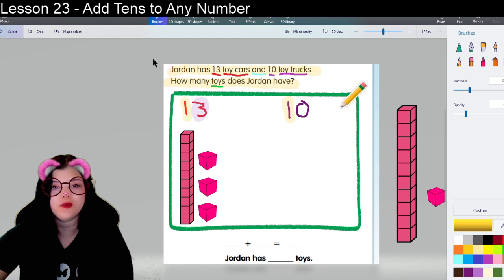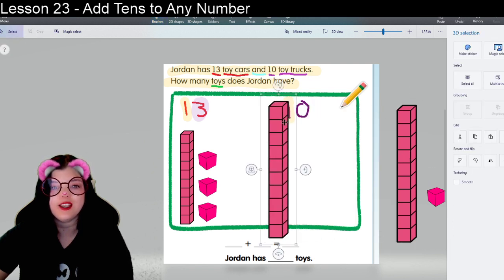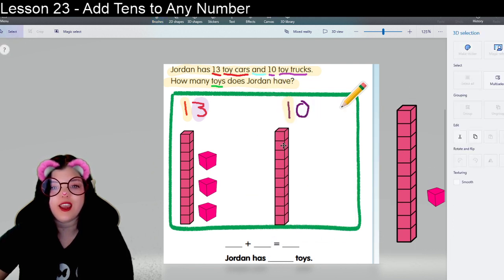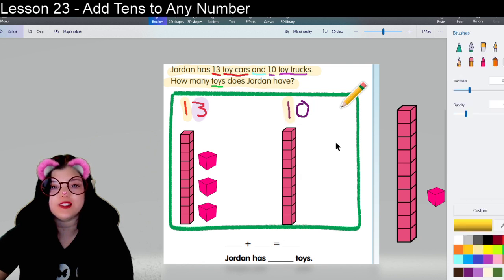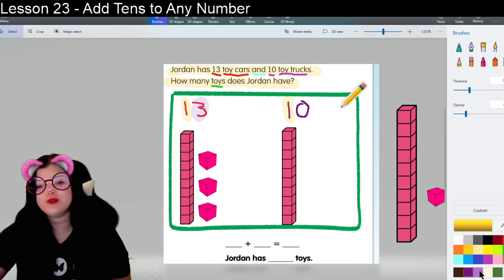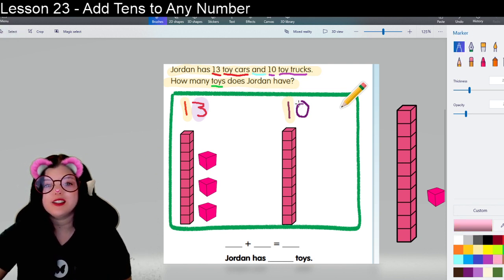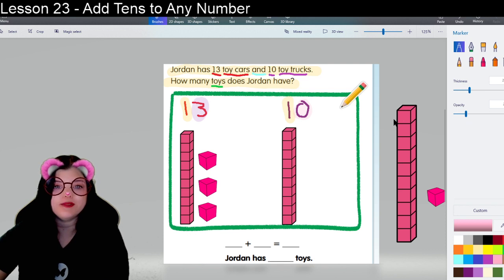There is one group of 10 in the number 10. And how many ones do you see in the number 10? Look at your ones place. If you said 0, you are right. There are 0 ones in the number 10.